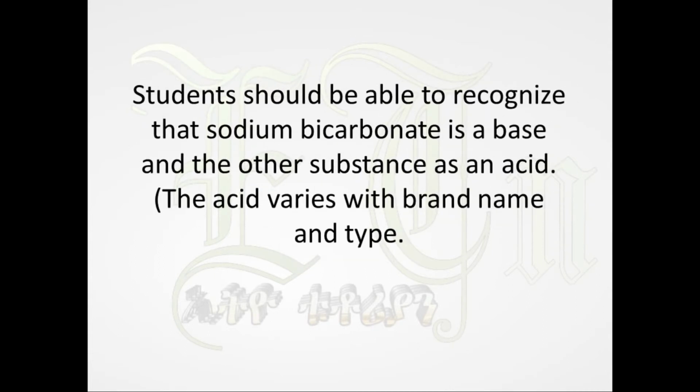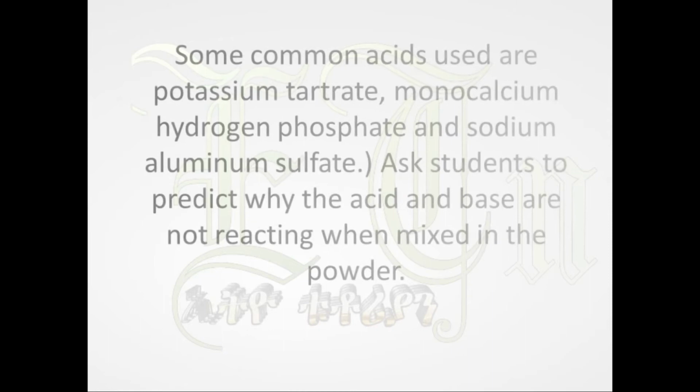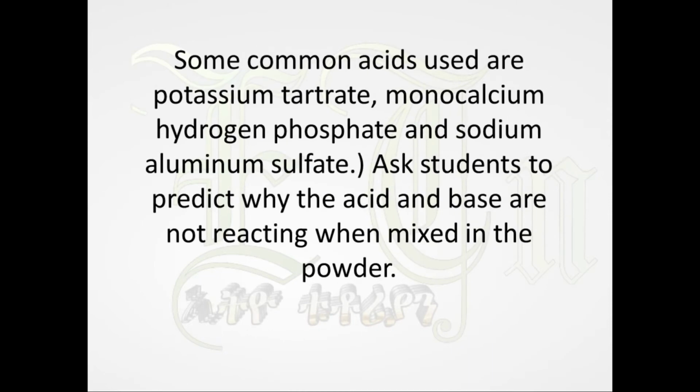Students should be able to recognize that sodium bicarbonate is a base and the other substance an acid. The acid varies with brand name and type. Some common acids used are potassium tartrate, monocalcium hydrogen phosphate, and sodium aluminum sulfate.